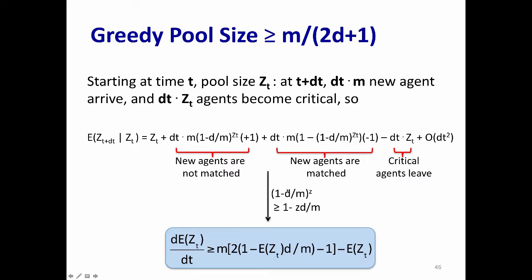I know that (1 minus d over m) to the power z is at least 1 minus zd over m. This helps me put this approximation into these equations and get this differential equation, which is now just an inequality as opposed to an equality. If you solve this differential equation, you can easily show that the pool size under the greedy algorithm is at least m over 2d plus 1.